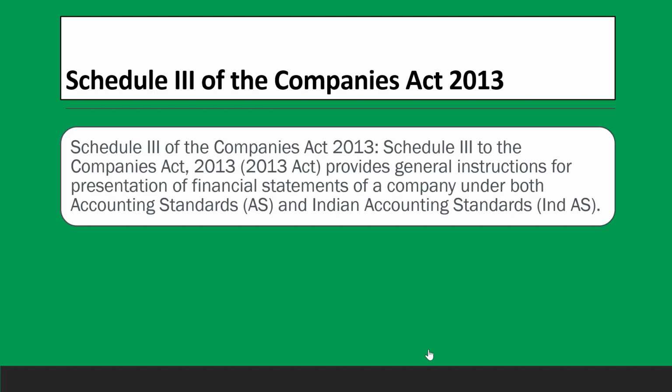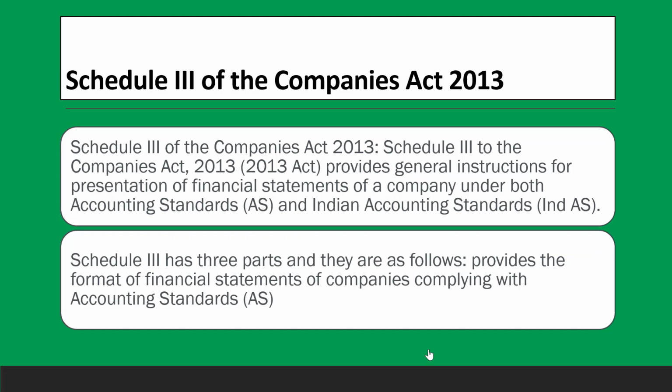It has a detailed schedule, and all companies need to follow accounting standards and Indian accounting standards. So still we have a system where we have the international accounting standards as well as the Indian accounting standards.